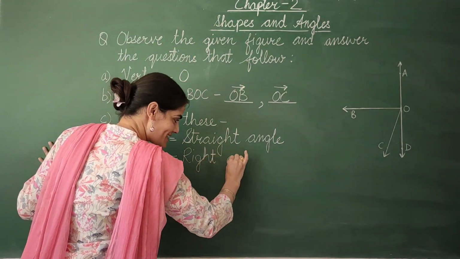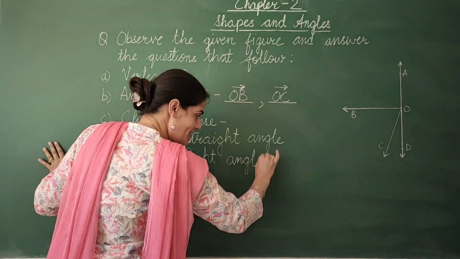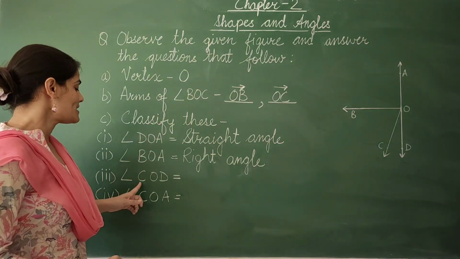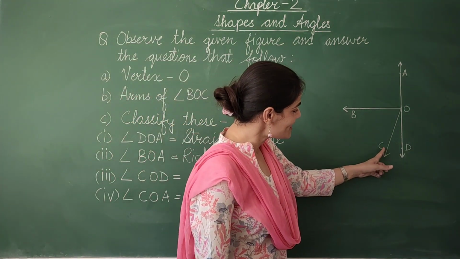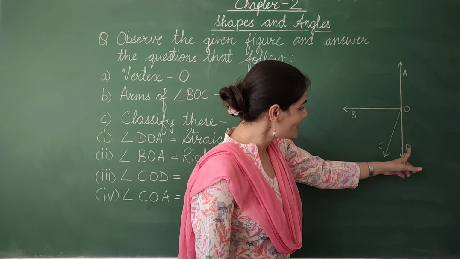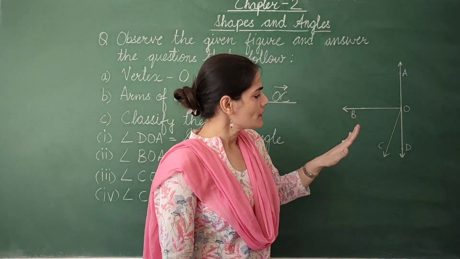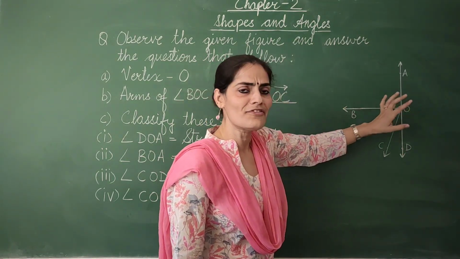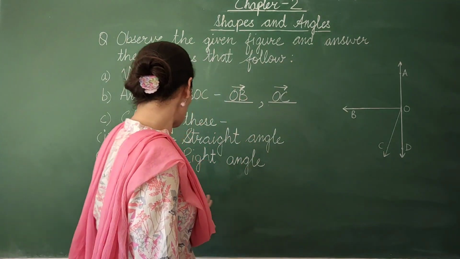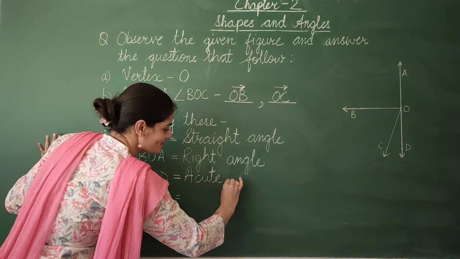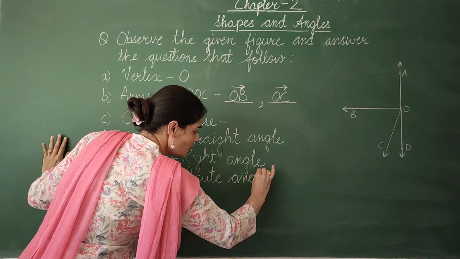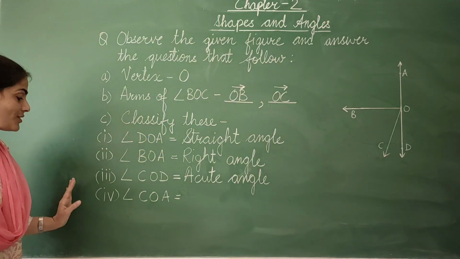Isn't it interesting? And really very easy too. Next is angle COD. Just observe. This is angle COD. And I can see the arms of this angle, they are very close to each other. So, this is an acute angle. Wow. We are on the last part of this question.